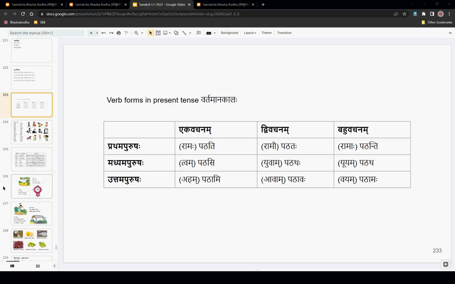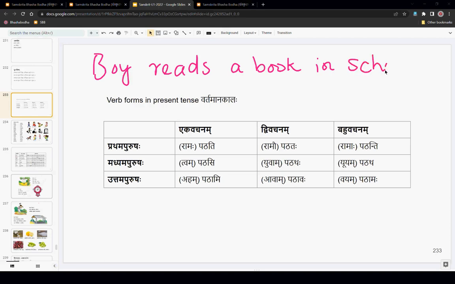Take this same one only, like a boy reads a book in school. So we are saying that here there is no vibhakti concept in English.